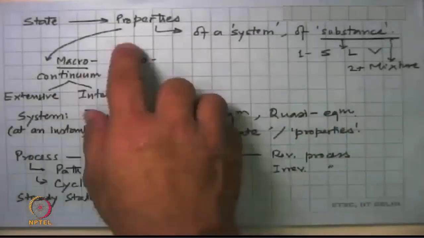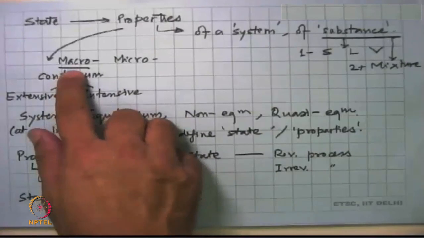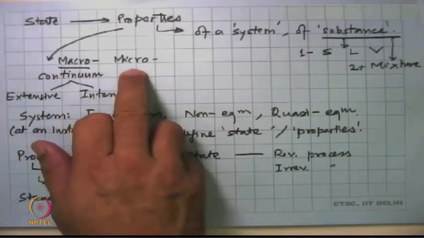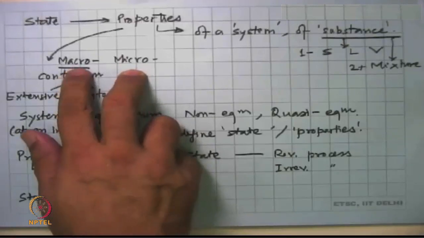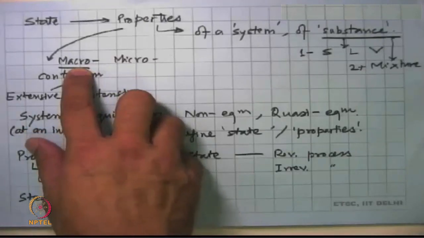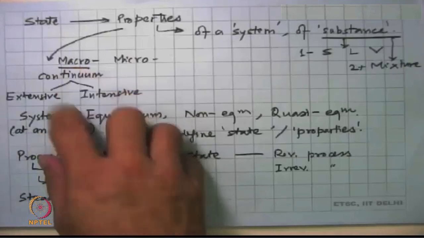Then we said, how can I put properties? And to put properties, we need to define whether we take a microscopic approach where we look at the property of every molecule, or a macroscopic approach where we consider a certain volume that includes a lot of molecules and say that this is the average of all these.